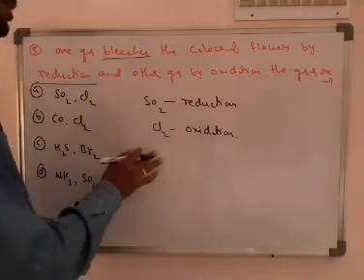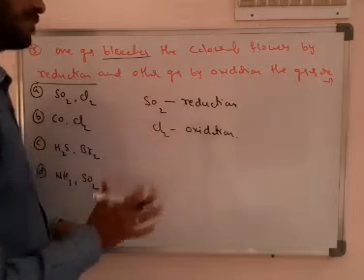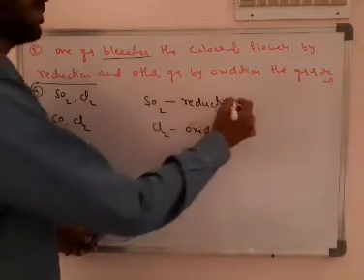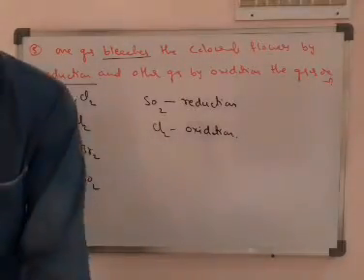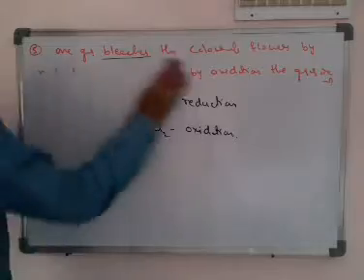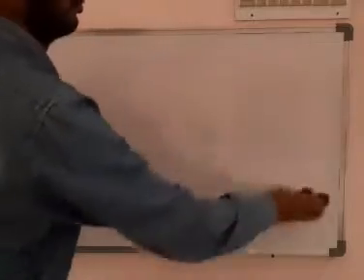So here chlorine acts as a bleaching agent with the help of its oxidation property. Sulfur dioxide works as a bleaching agent with the help of its reduction property. Okay, so we have to remember these compounds.